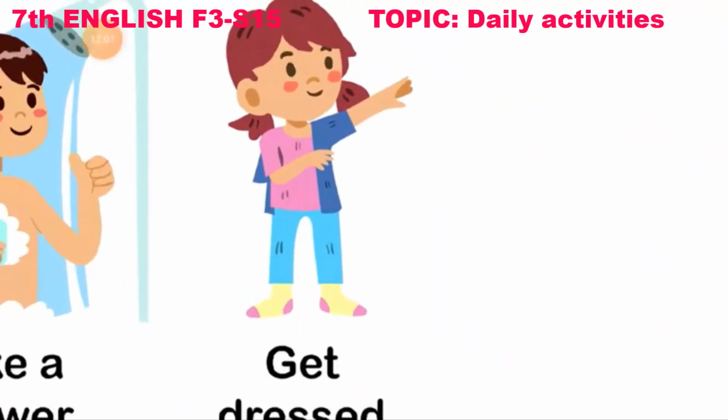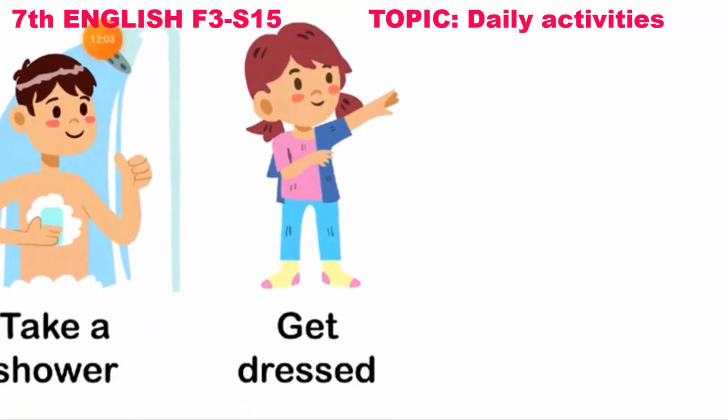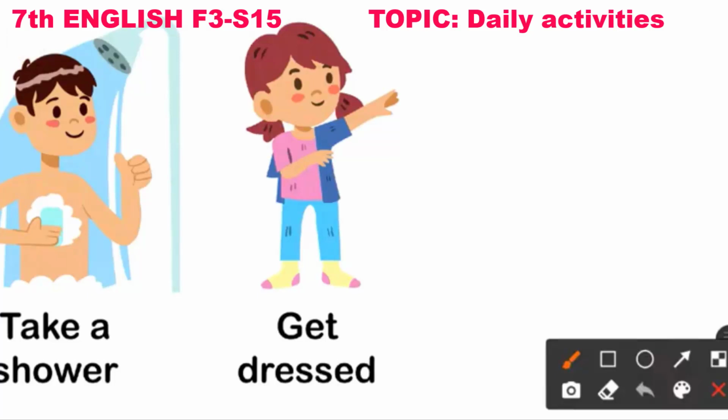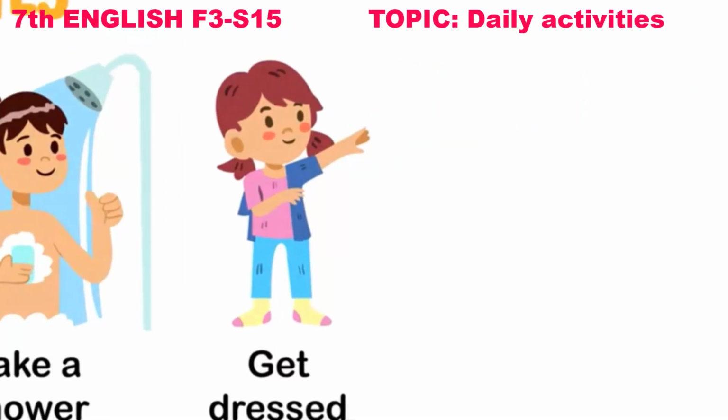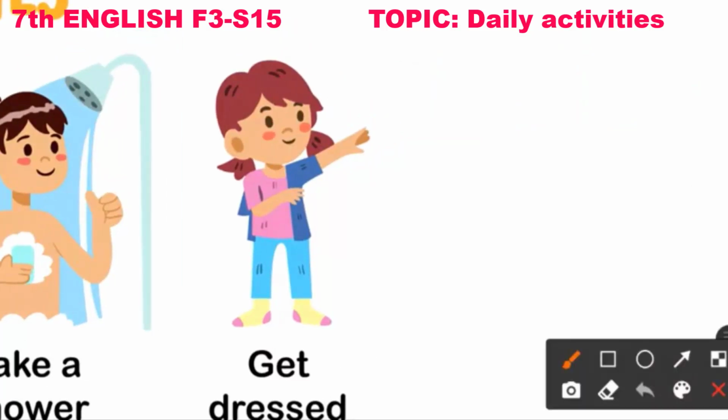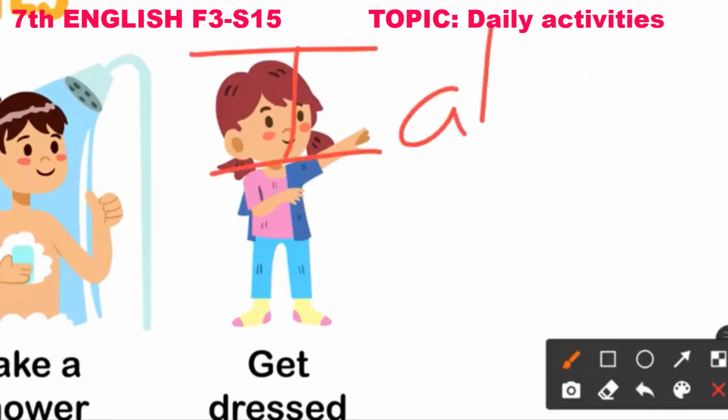Now, another routine that you always do, otra rutina que usted siempre hace es esta, get dressed, porque nunca sale chulón de la casa, ¿verdad? So, I always, yo siempre, ahí está el frequency adverb. I always get dressed.